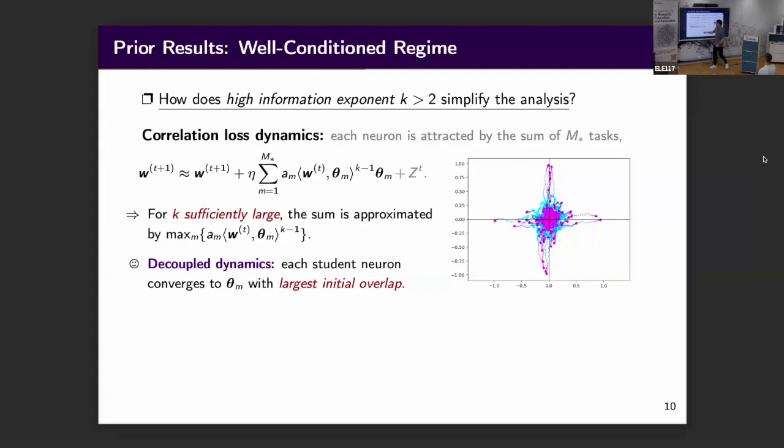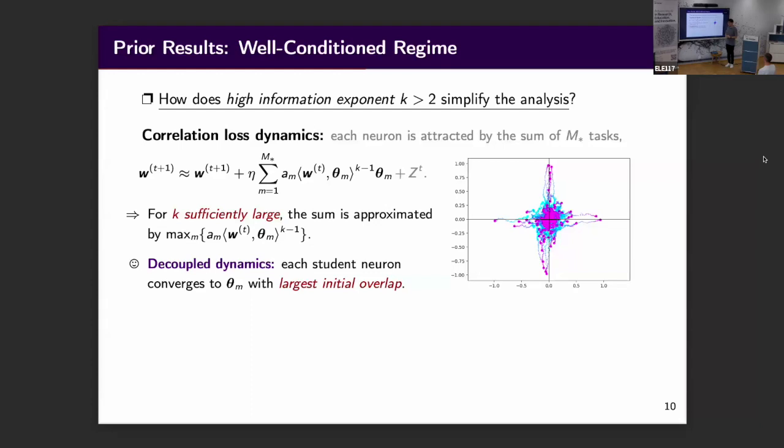So assuming the information exponent is large enough, each neuron will just converge to the closest teacher neuron at random initialization. You don't have to worry about all the other directions. So this is a form of decoupling. It turns out that information exponent 3 is sufficient to show this decoupled dynamics.